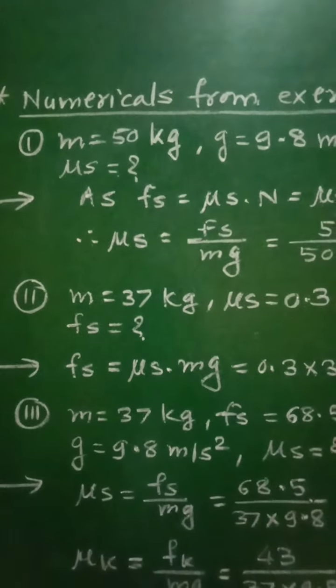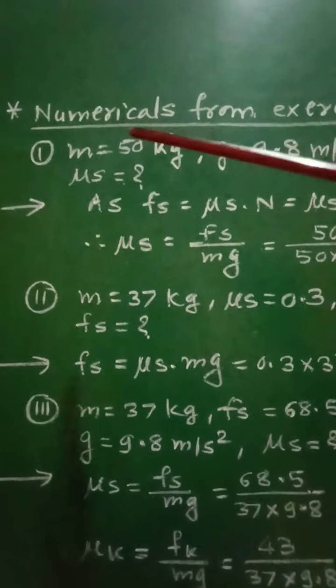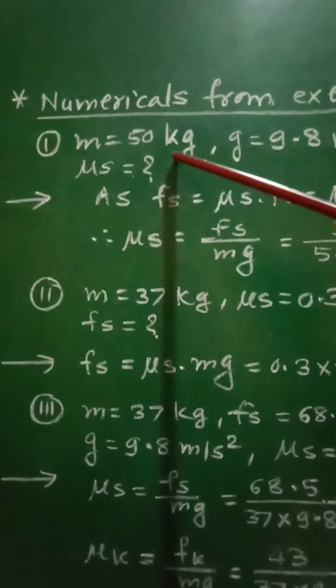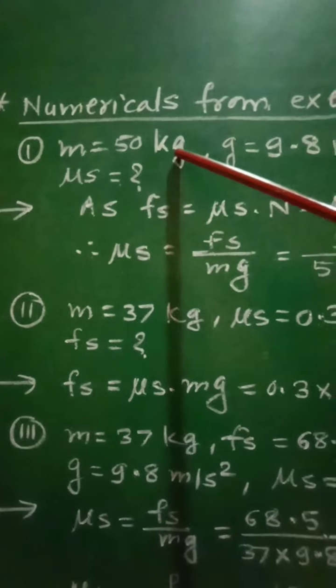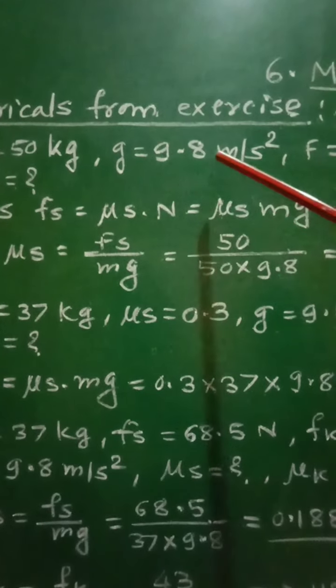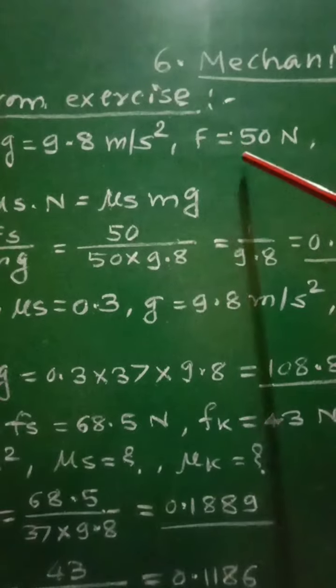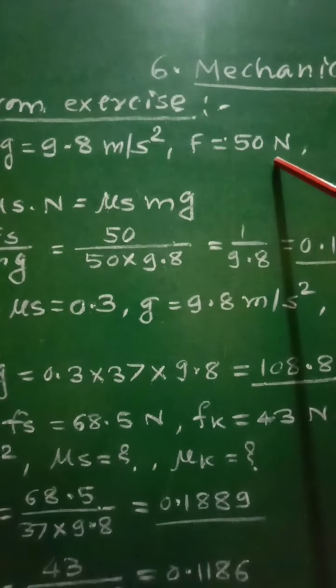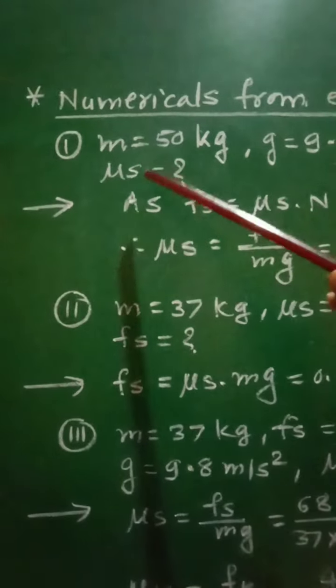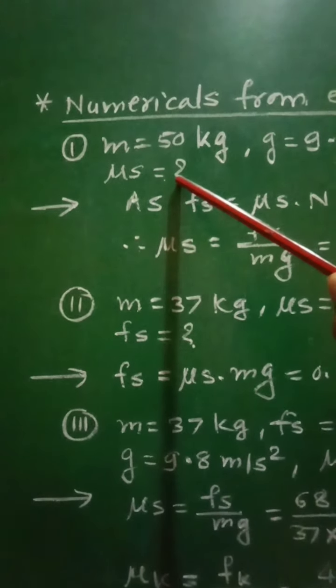And therefore, for this numerical number 1, the given data is mass m1 equal to 50 kg, acceleration due to gravity g equal to 9.8 meter per second square, the force F is equal to 50 Newton, and we have to calculate the coefficient of static friction mu s.